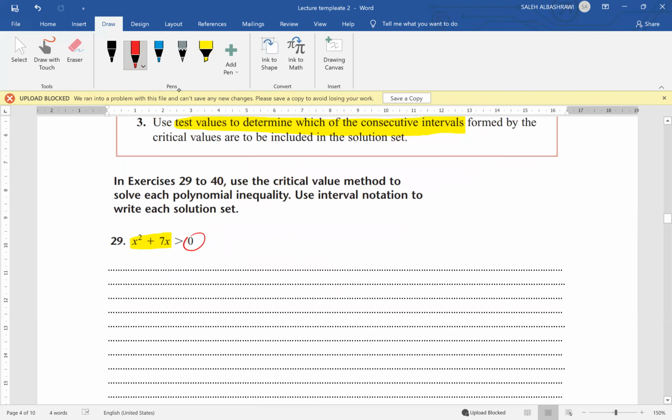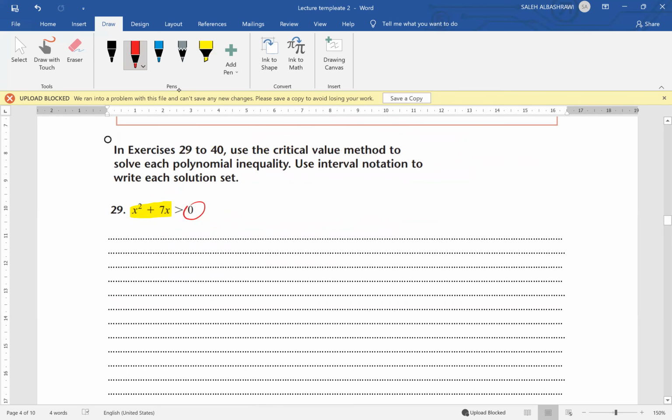Now, I need to find the critical values. I need to find the critical values of the polynomial x squared plus 7x equal to 0. I need to find the zeros of this polynomial, or the critical values of the inequality.